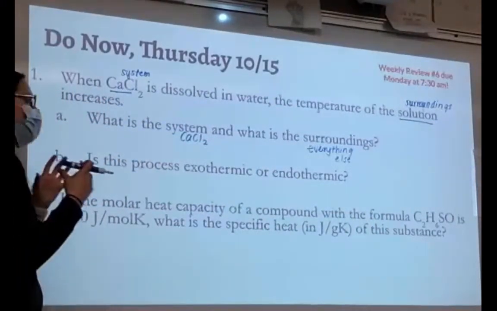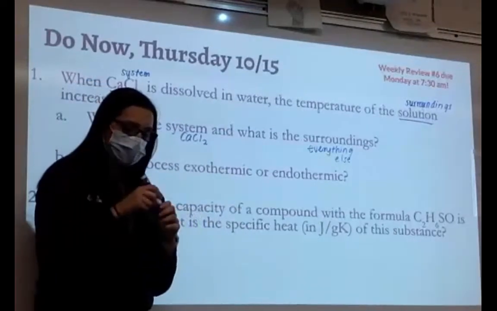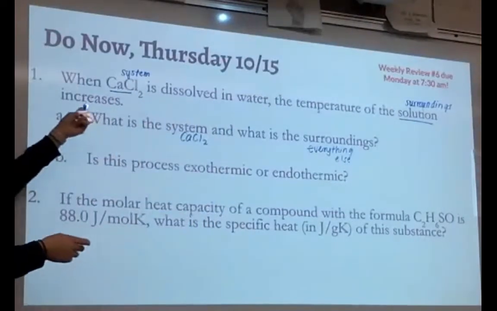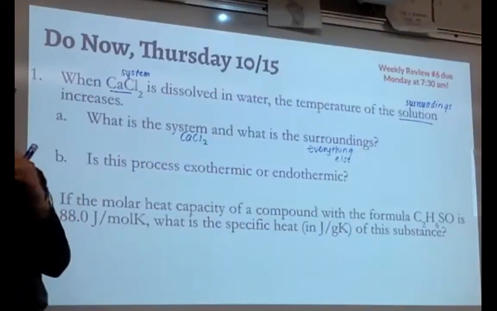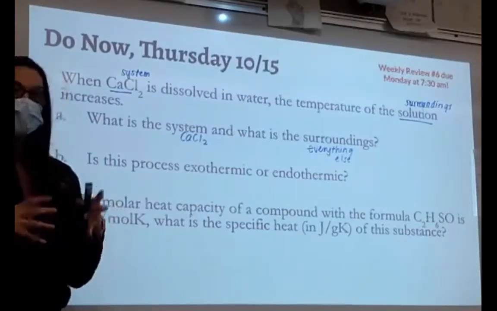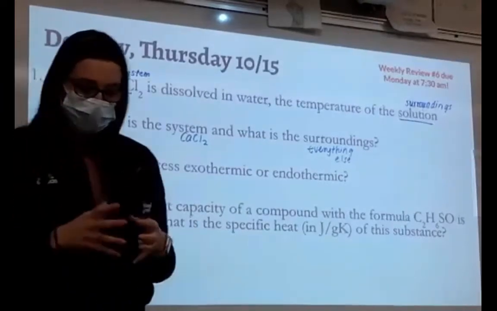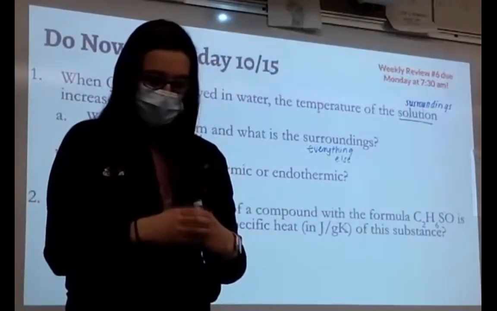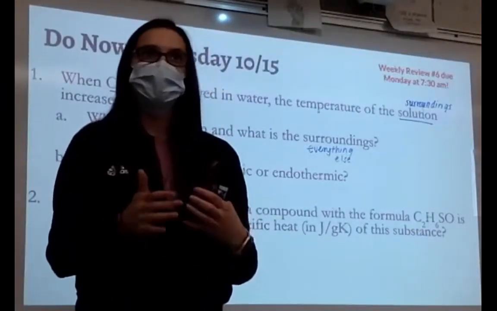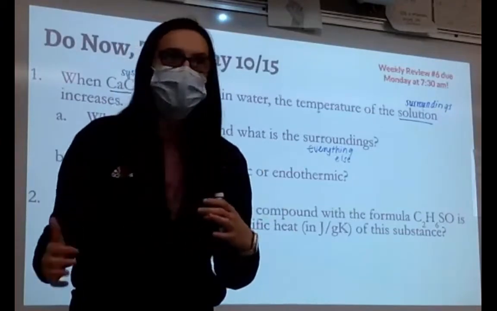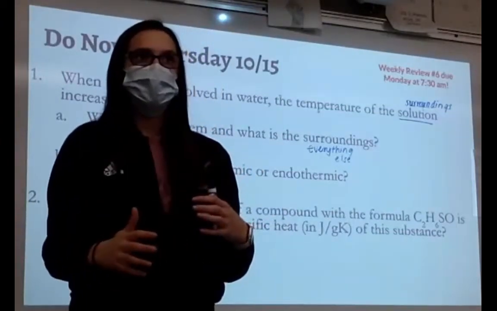The system is the calcium chloride. The solution temperature increases, so the temperature of the surroundings increases. So you have to think, what does the system have to do in terms of heat? It's either going to absorb or release for the surroundings temperature to increase.